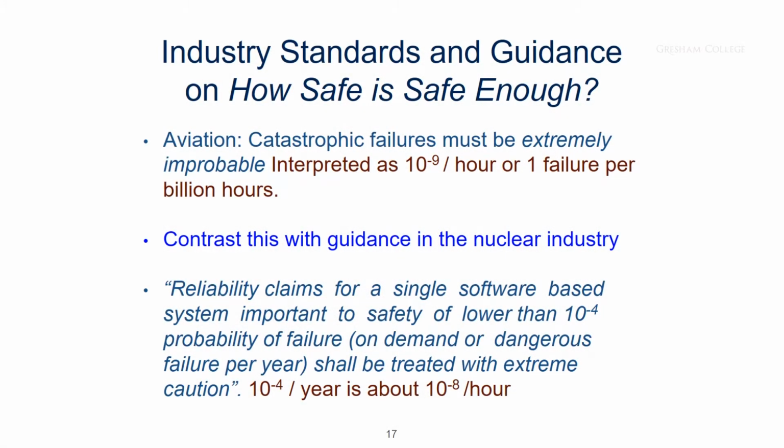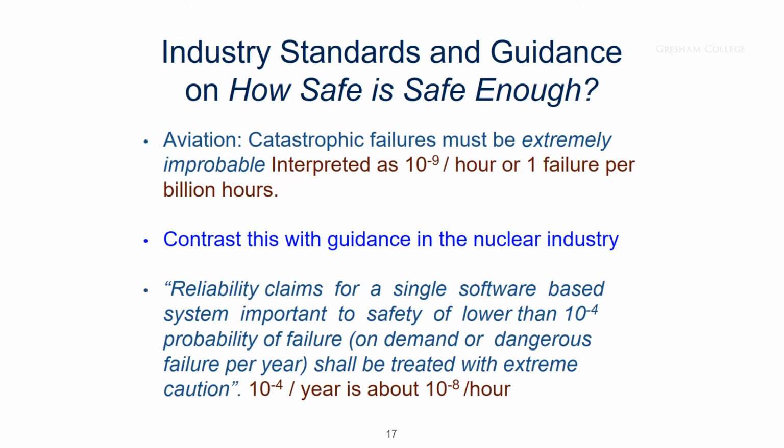And in particular industries, aviation has a requirement that catastrophic failures must be extremely improbable, in the language of the regulations, of the standards and guidance. And that's interpreted as a probability of catastrophic failure of 10 to the minus 9 per hour, once in a billion hours of operation.